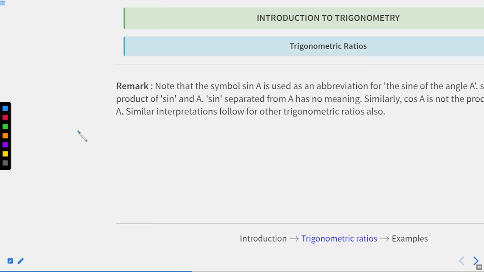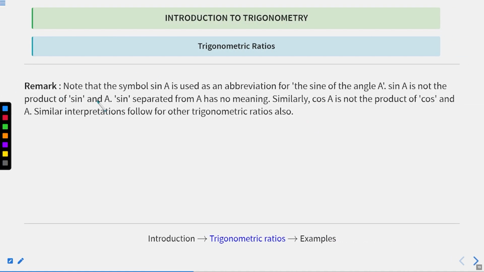Now one remark: note that the symbol sin A is used as an abbreviation for the sine of the angle A. So sin A is not the product of sin and A. It is the abbreviation of the sine of angle A, which is equal to the side opposite to the angle A divided by the hypotenuse.